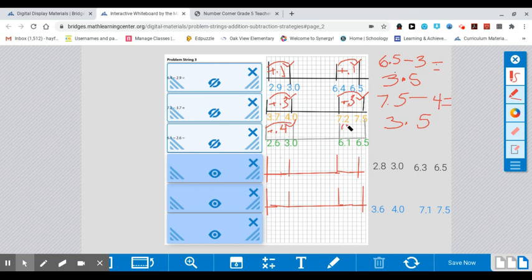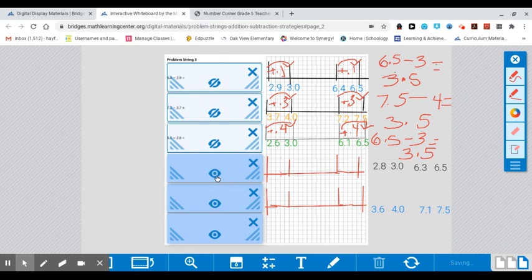And to 6.1, we're adding 4/10. That leaves me with 3.0 and 6.5 to subtract. So if I have 6.5 and I'm subtracting 3 again, it looks like I have 3.5 again. How ironic is that?